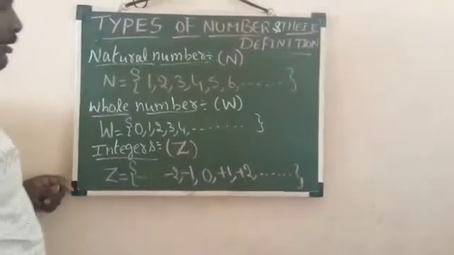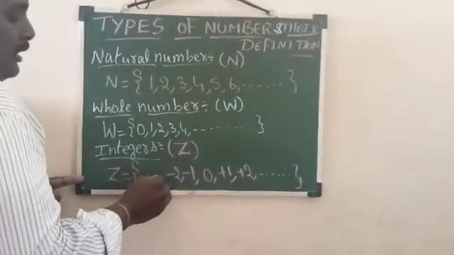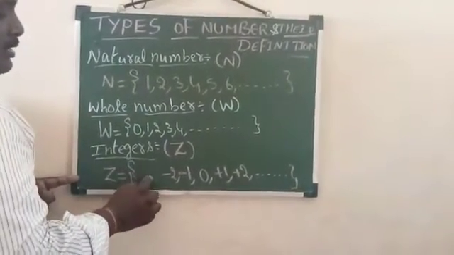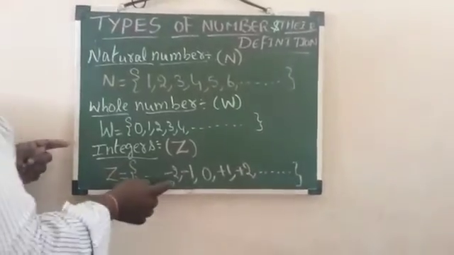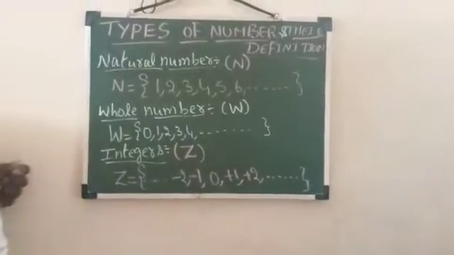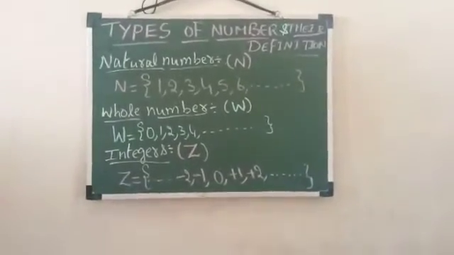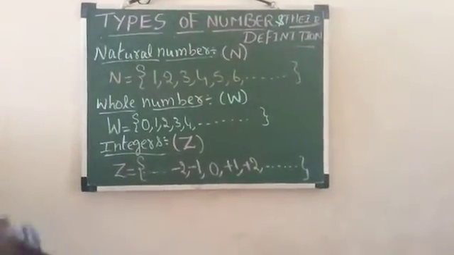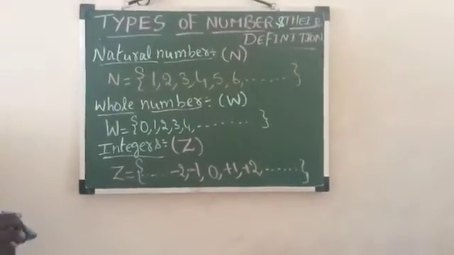For example, -2, -1, 0, +1, +2 and so on. These are the integers.